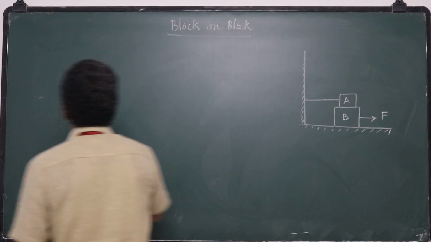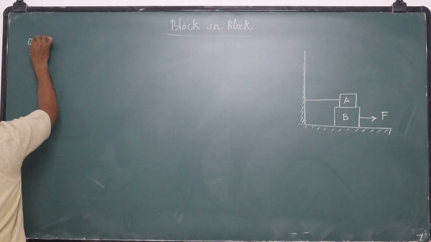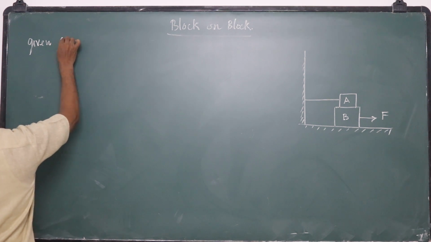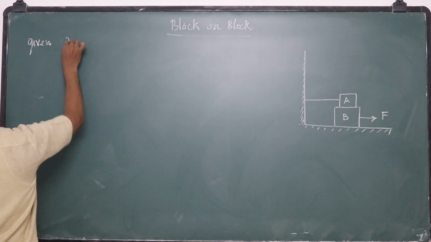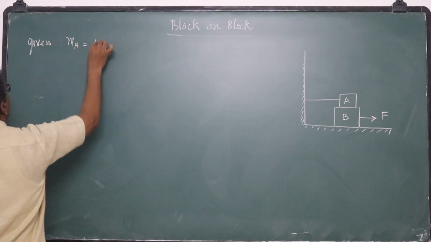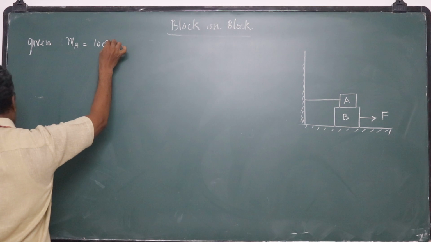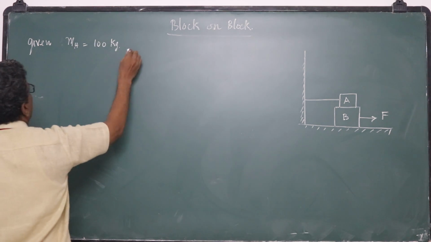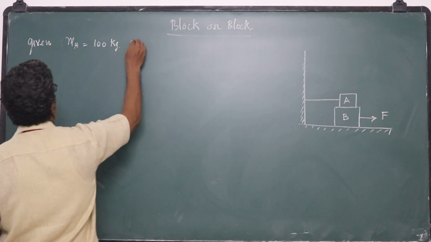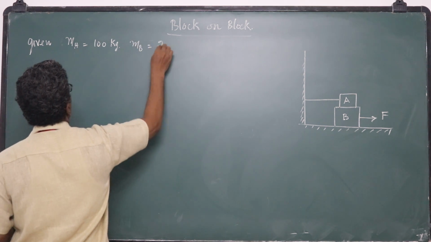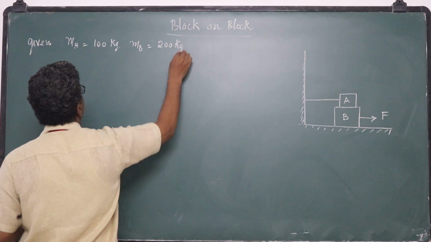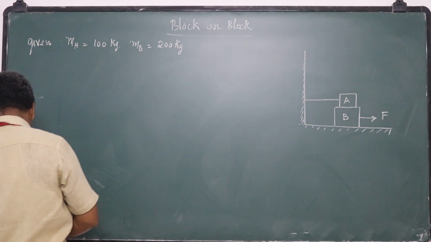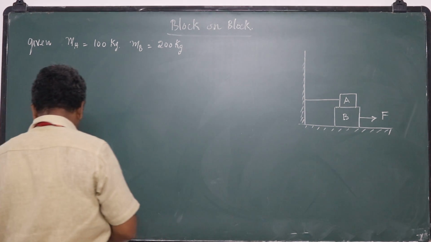So what is given in the figure? Mass of A is 100 kg. Block A is placed on B, and mass of B is 200 kg, as shown in the figure.